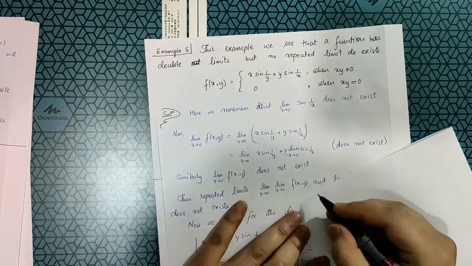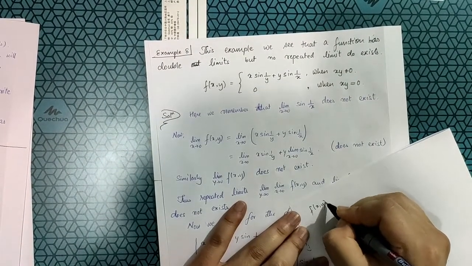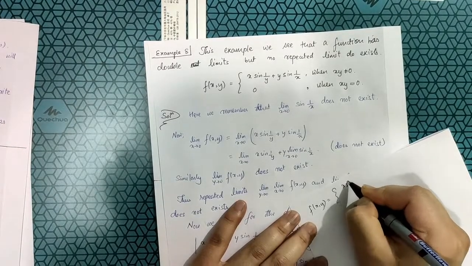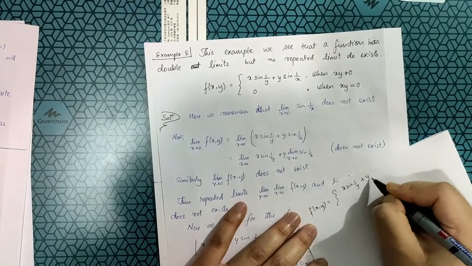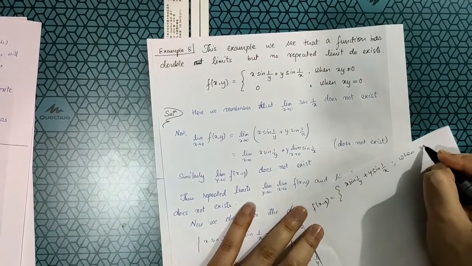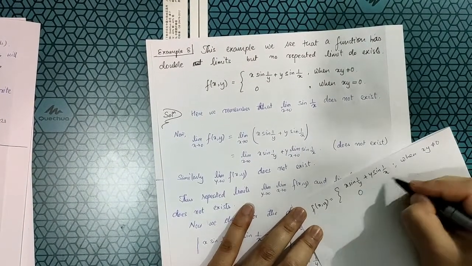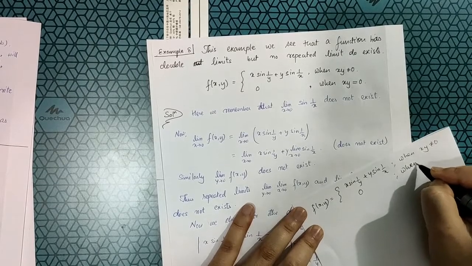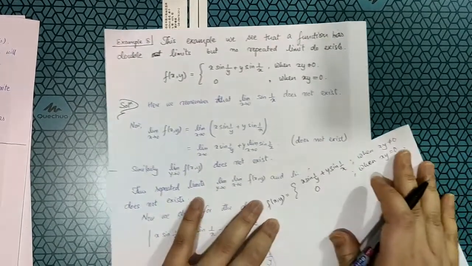So here we have a function f of x, y which is equal to x sine 1 by y plus y sine 1 by x when xy is not equal to 0, and 0 when xy is equal to 0.